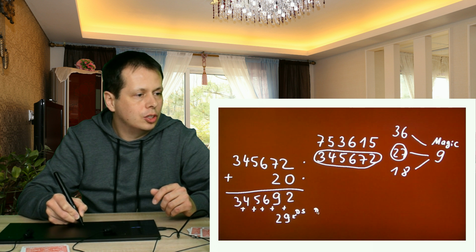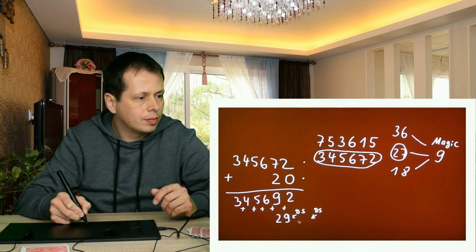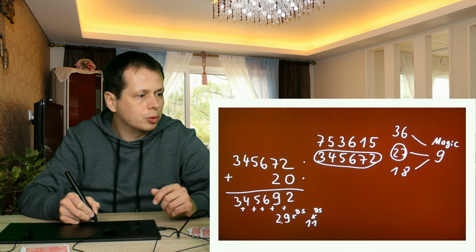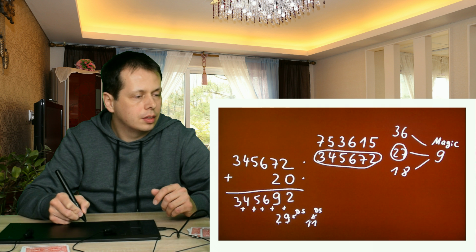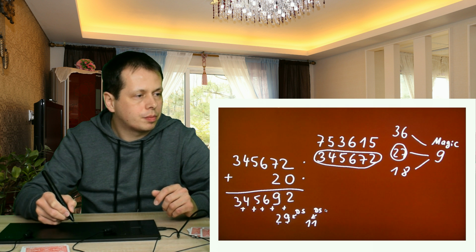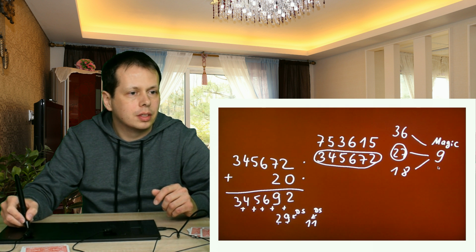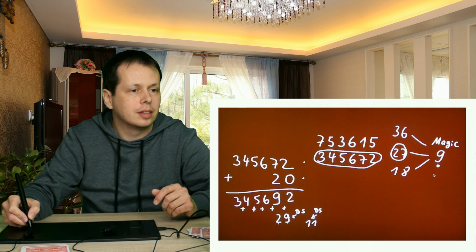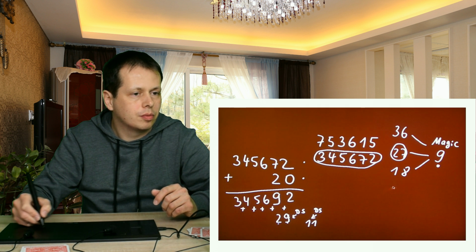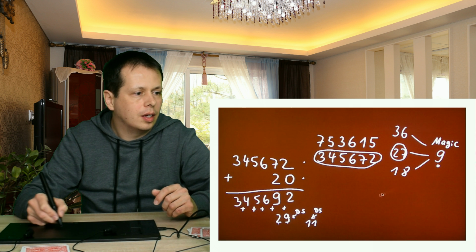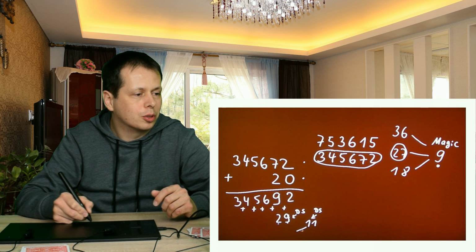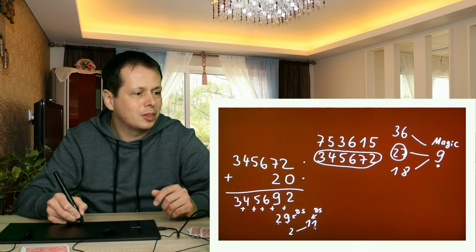Next is digit sum 11, because you add 2 and 9. And now you have the magic number, the 9. So maybe you could subtract, and then you're here with a 9.